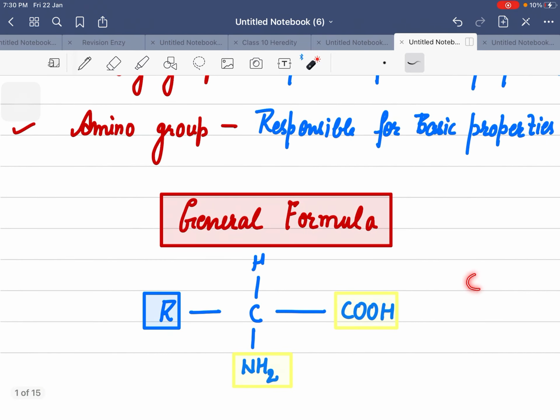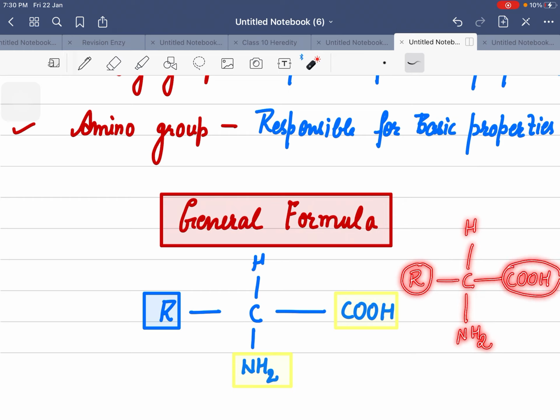They are also known as substituted methanes because the valency of carbon is satisfied by the carboxyl group, the amino group, and a variable functional group, and these are all present on the same carbon, which is known as the alpha carbon.